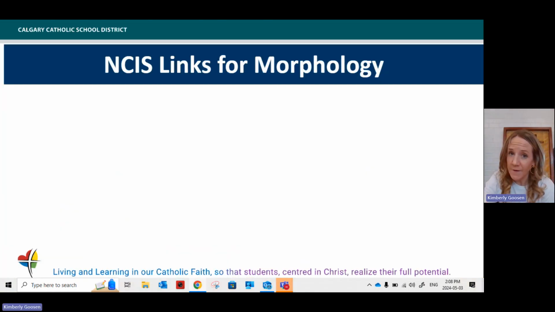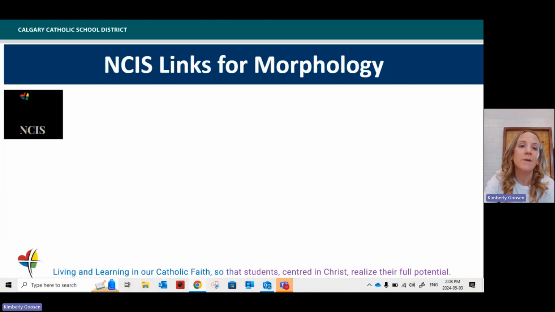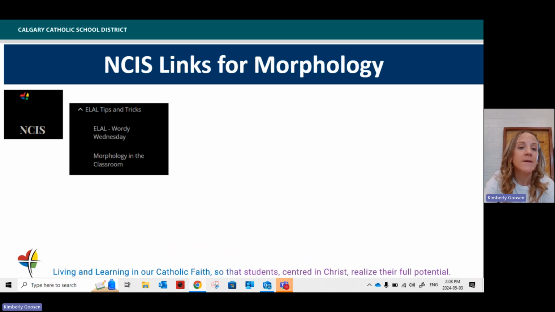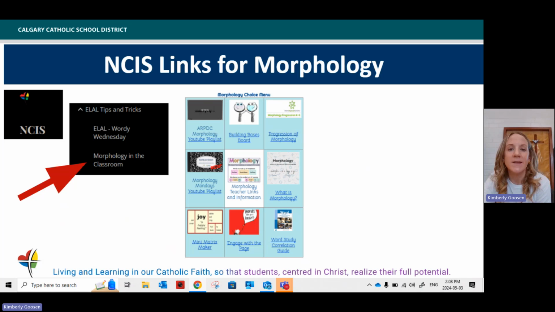So all of the links for the morphology can be found on the NCIS site. If you go again to that ELAL tips and tricks subpage on the left-hand side, you'll look and see morphology in the classroom. And so I've created this little choice board menu, which has links to, again, that progression of morphology that I talked about before with the ARPDC.